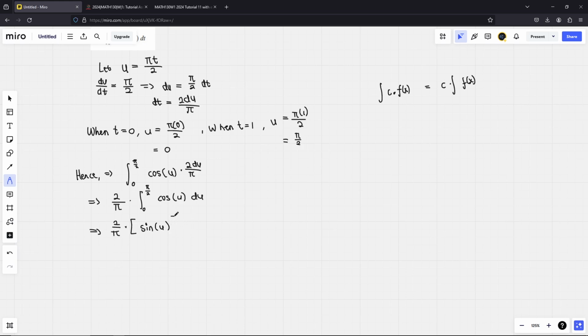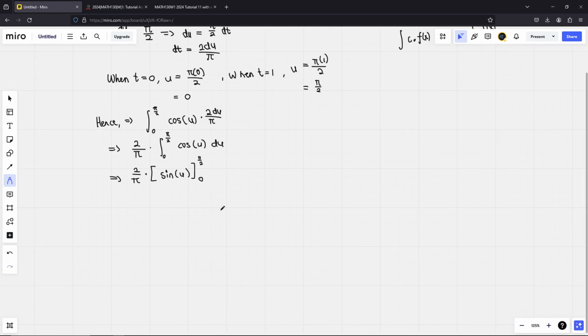So the antiderivative is going to be sin u, and then we have our bounds. Now we can rewrite our bounds, and we get the upper bound, which is sin π over 2, minus the lower bound, 0.